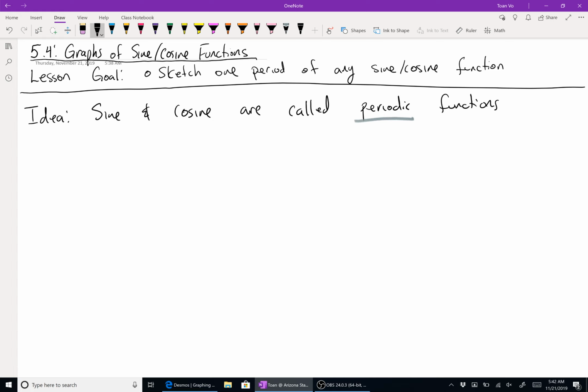That is to say, they repeat a base pattern over and over.